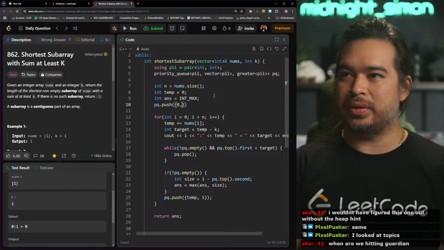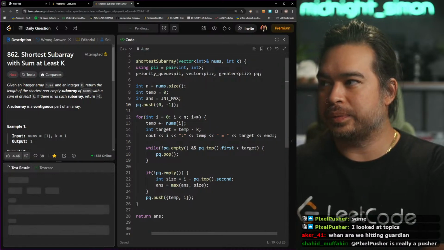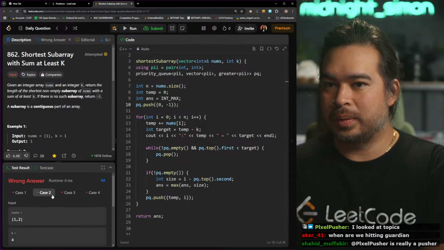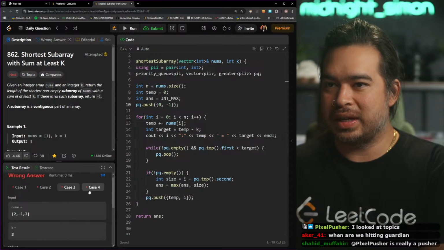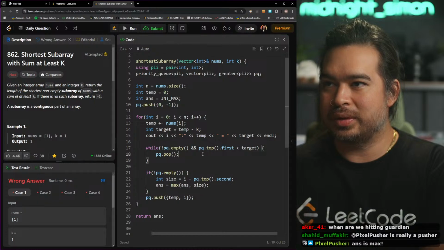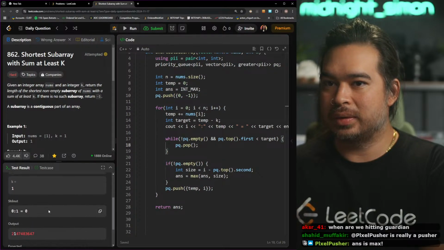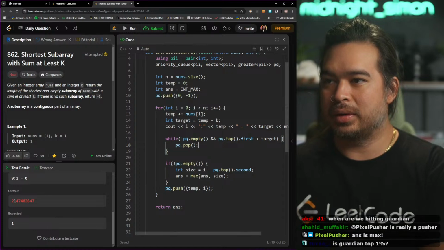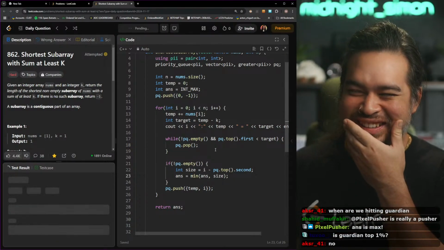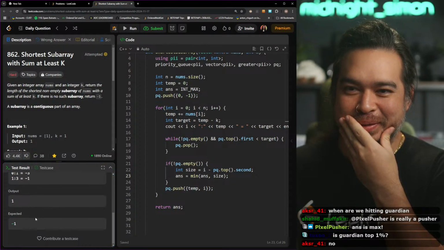Do I push 0 like that? It's like it never finds anything, man. So, oh wait. That should be min. My bad. It's like, what the hell is going on? For real.